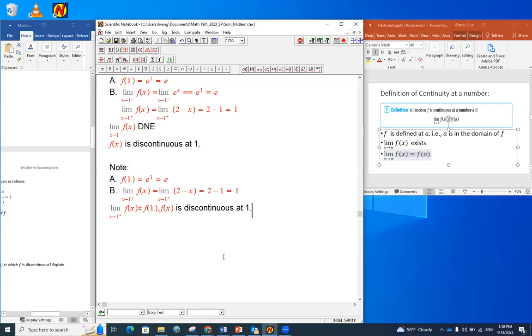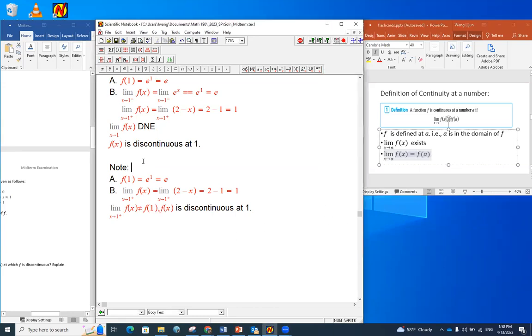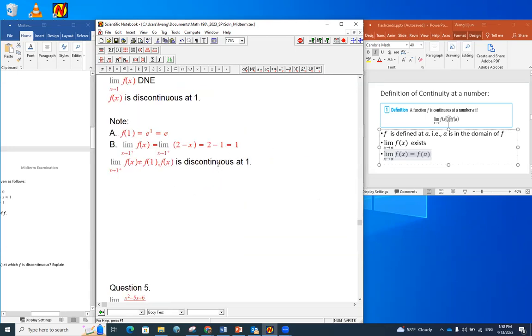And of course, you find the limit from the right of 1, and the limit from the right is not the same as the function at the point 1. That's another way to demonstrate discontinuity. We do have flexibility here if you understand these concepts very thoroughly. It's very good practice.